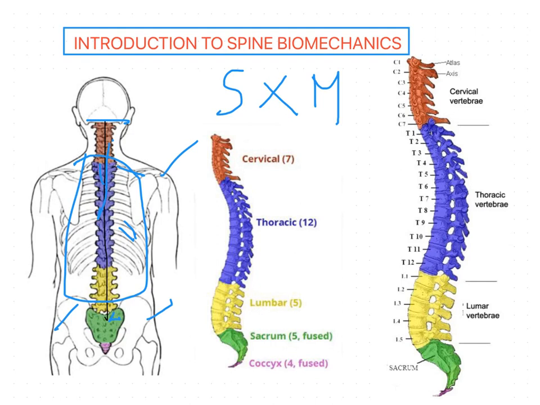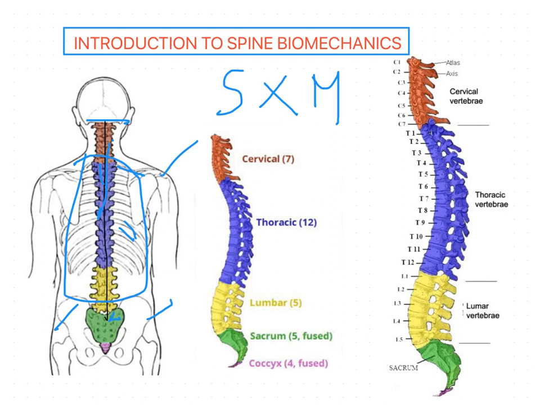But in the case of the vertebral column, the design of the structure is capable of meeting both functions, that is stability and mobility. So the vertebral column is an incredibly complex structure.